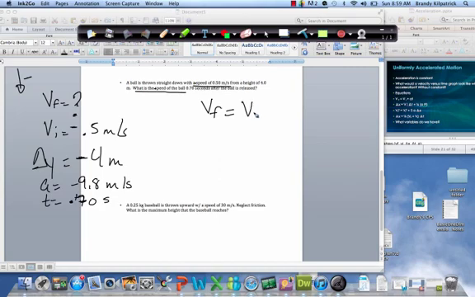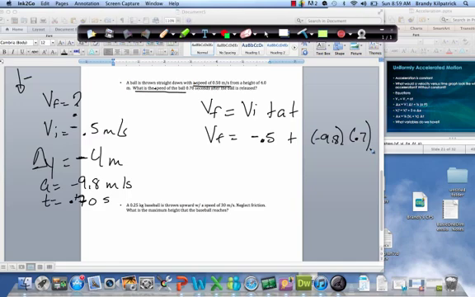So VF should be unknown. VI is going to be negative 0.5 plus the acceleration, which is negative 9.8, multiplied by my time, which is 0.70.